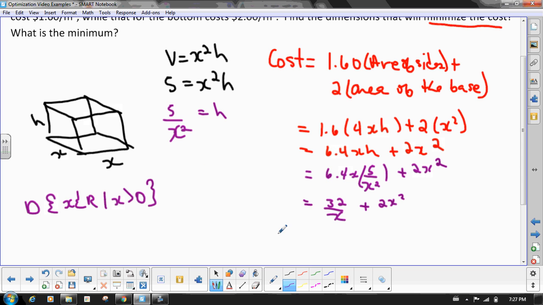All right, so I have my cost. So I'm going to take the derivative of the cost with respect to x. So this is going to become minus 32 over x squared plus 4x.